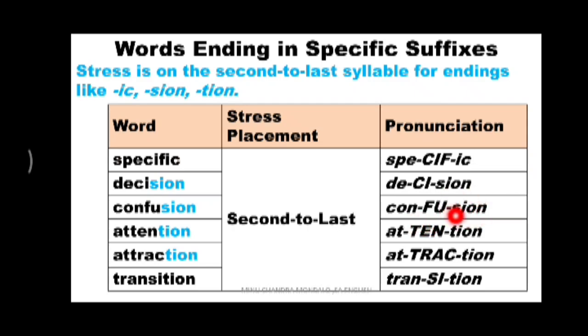This word ends with SION, so as per the rule, the stress will fall on the second to last syllable. So the stress will be on the fu. Similarly, attention. This word ends with TION, so the stress will be on the ten. Similarly, attraction. This word ends with TION, so the stress will be on the trac. Transition. The stress will be on the si.